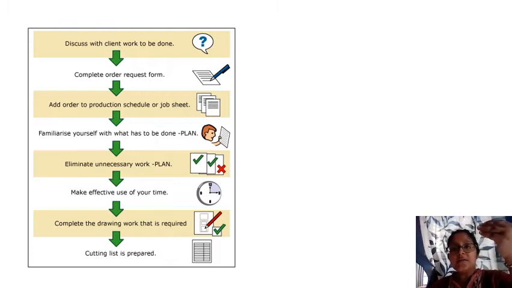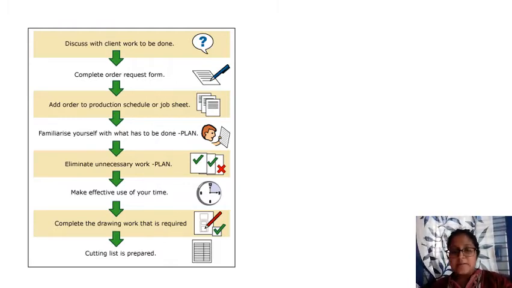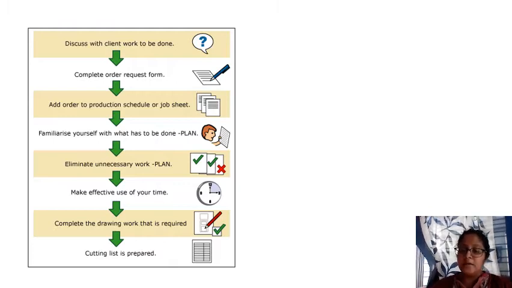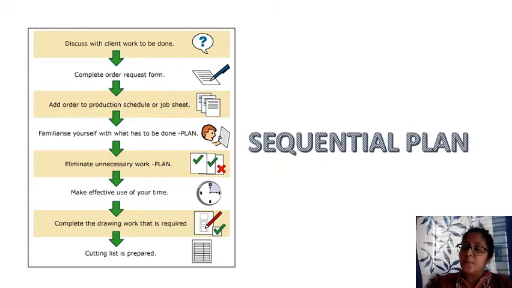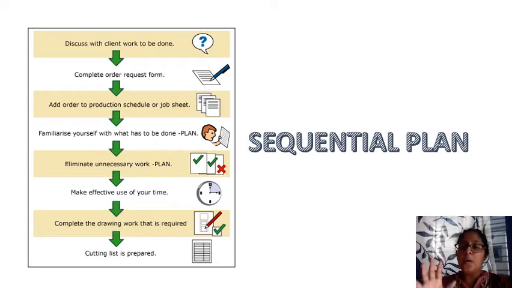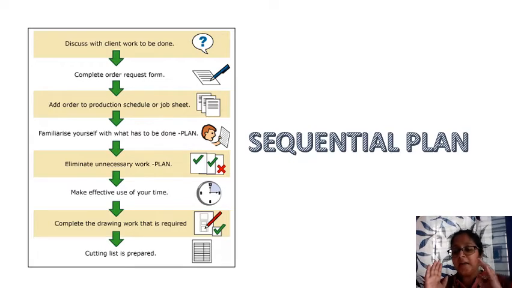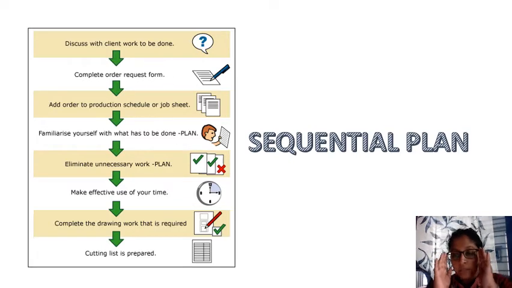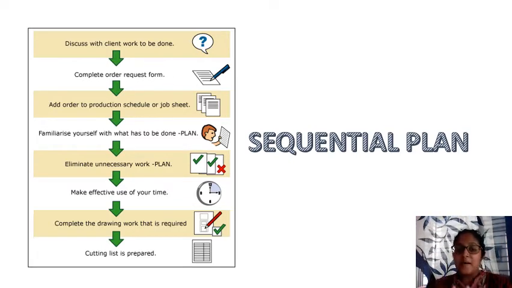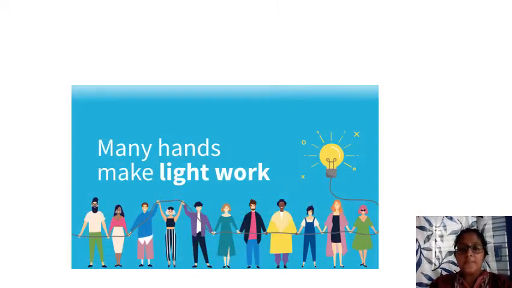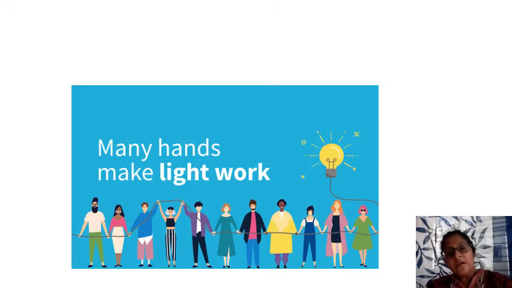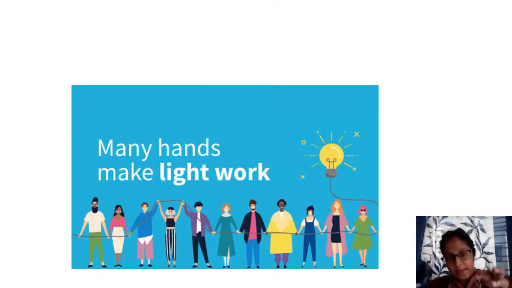So a sequential pattern has to be maintained. So the second characteristic of time plan is the sequential plan. Whenever you are making a time plan, fixing a time according to your work, it must have a sequence.